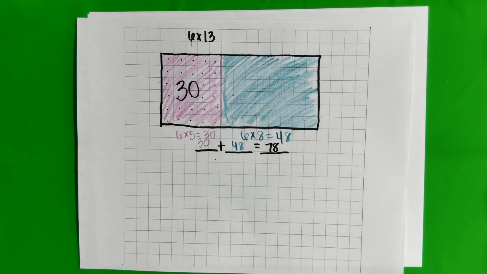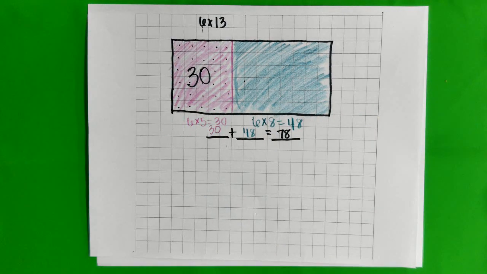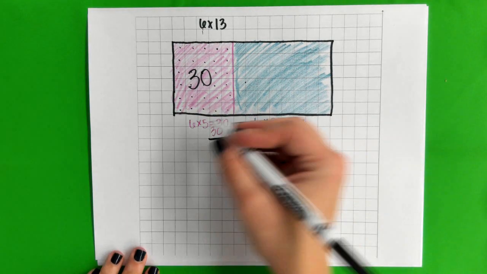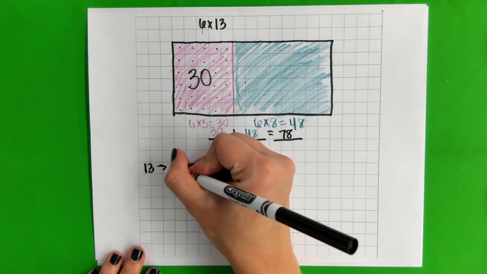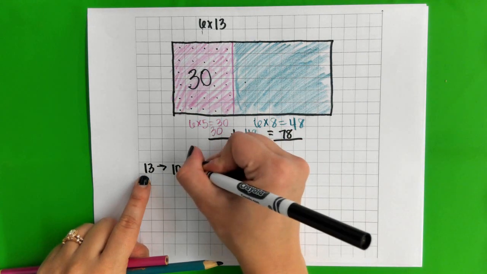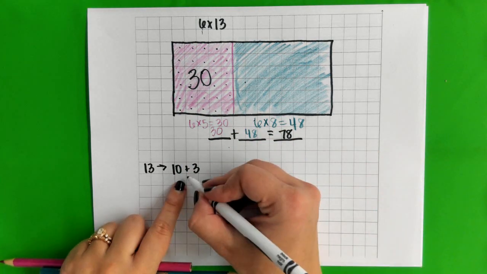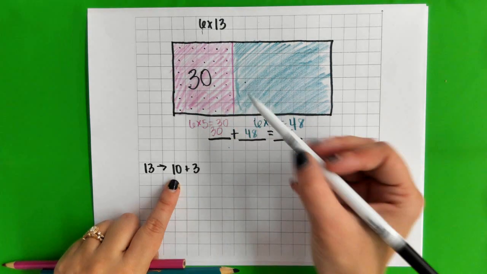So if we don't know our multiplication facts off the top of our head, even the 8s can be a little bit tricky. So another way that we can do it is we can break it down into place values. So I know that when I break 13 up into expanded form, it's like saying I have 1 ten and I have 3 ones. So I can then take these two numbers and I can multiply it by my 6.